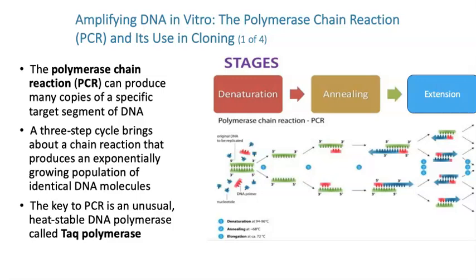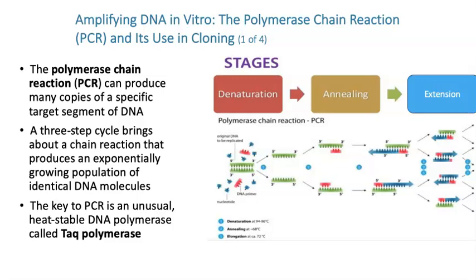So the first step, before I go into the various steps, I do want to tell you that one of the things that we're going to be doing is heating up our DNA. And so we need an enzyme that can withstand the high temperatures. Because, remember from before, enzymes under high temperatures don't tend to do very well.